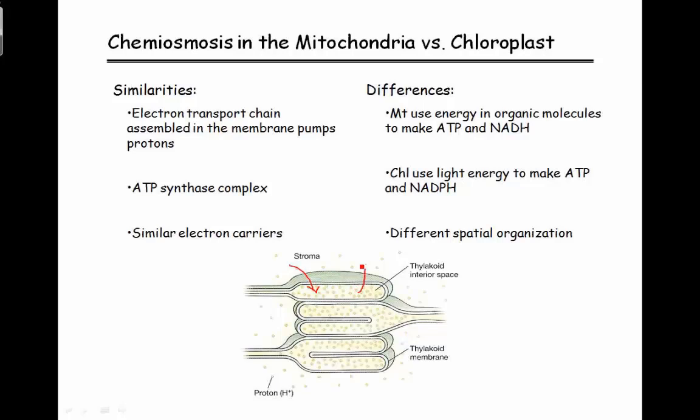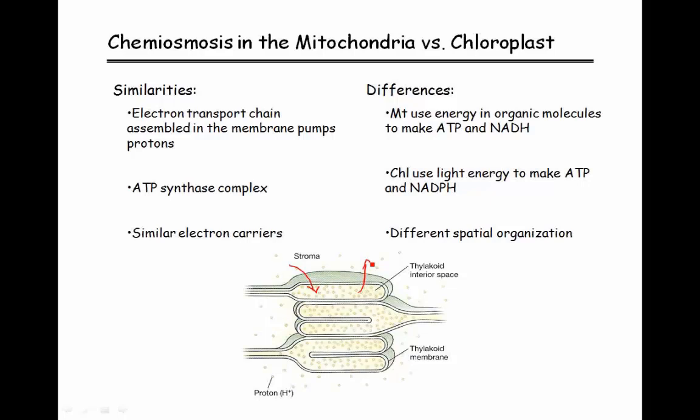As they move out through the ATP synthase, they're going to be going right back into the stroma. Notice how we are cycling those hydrogens around. If we want to continually make ATP, we've got to be able to continually bring those hydrogens back into the thylakoid space, which is what that electron transport chain was doing.